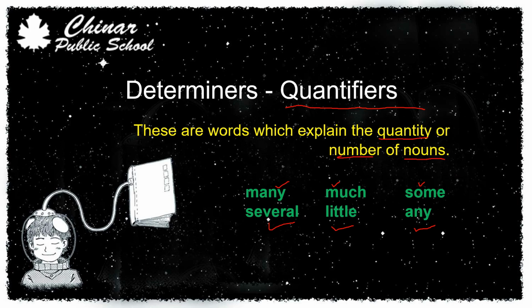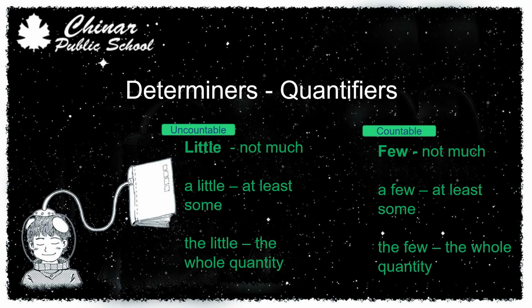Such words which are referring to the number or the quantity of nouns are called quantifiers. Now in these quantifiers, many, much, some and all such words you are very familiar with.